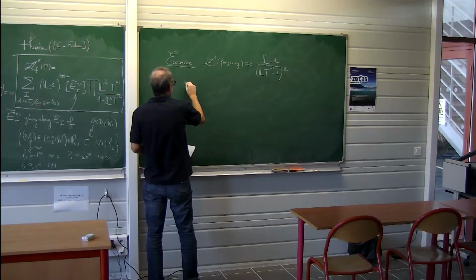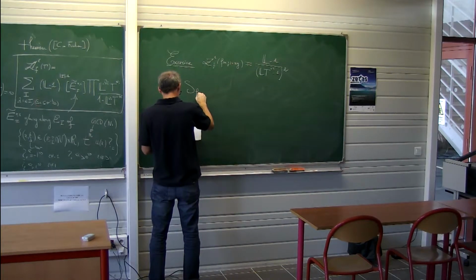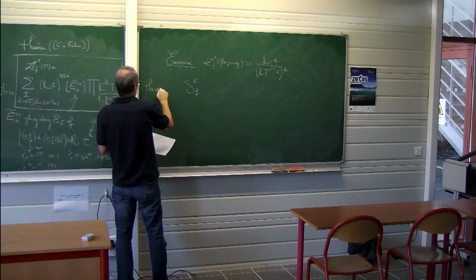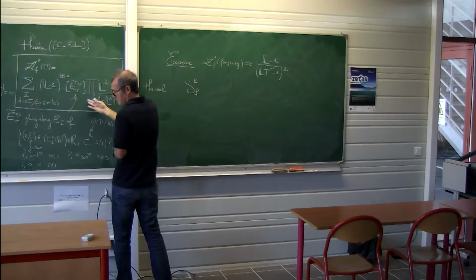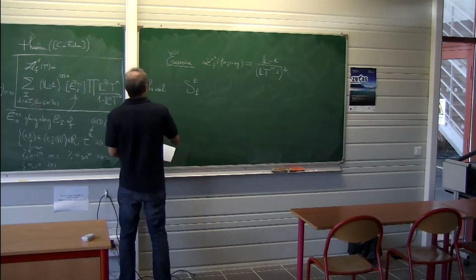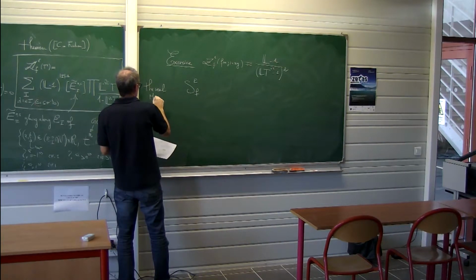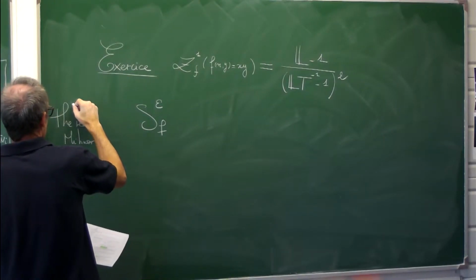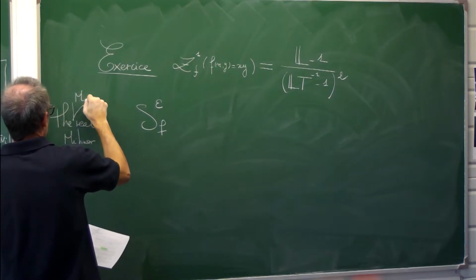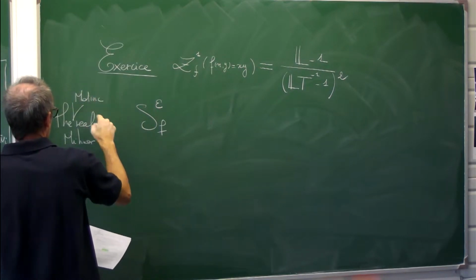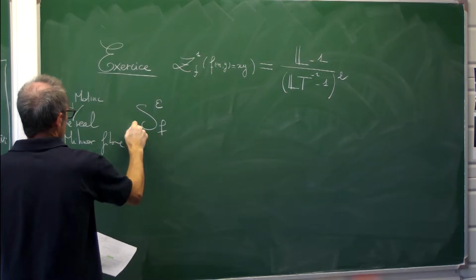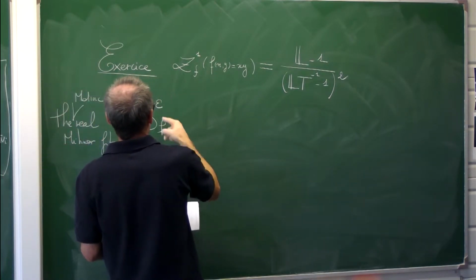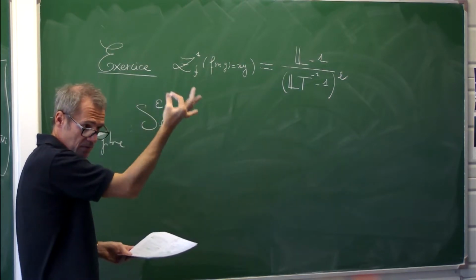Okay, so now I make this formula even more simple. The motivic real Milnor fiber, denoted by S_f, but it depends on the choice of the symbol epsilon.